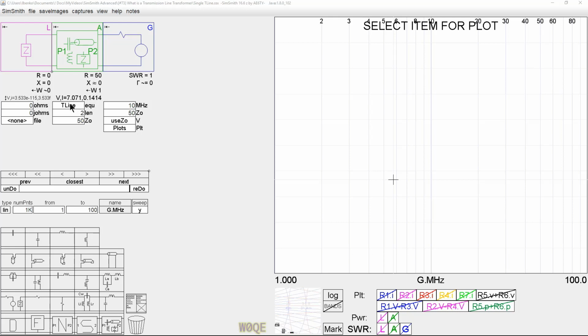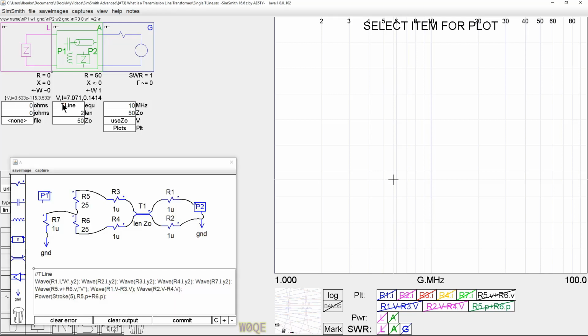SimSmith. I've created a circuit here with a generator, a ruse block, and a load. We're not using the load, which is why I've set it to 0 ohms. The ruse block contains a transmission line.